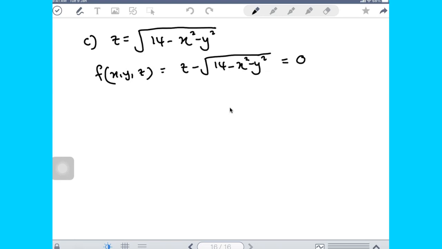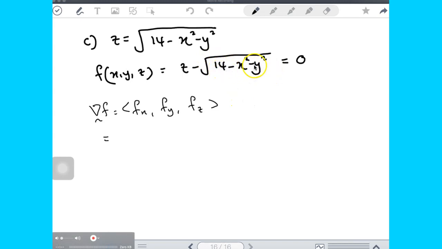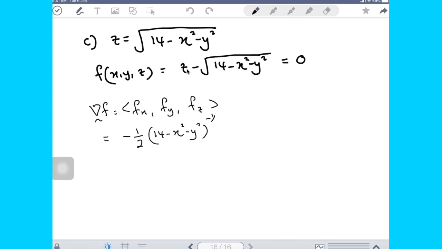So you have to compute the gradient f, which means fx, fy, fz. Differentiate partially with respect to x. So this z term will be 0, right? So you have -1 over 2, 14 minus x squared minus y squared to the power of -half, multiplied by -2x.